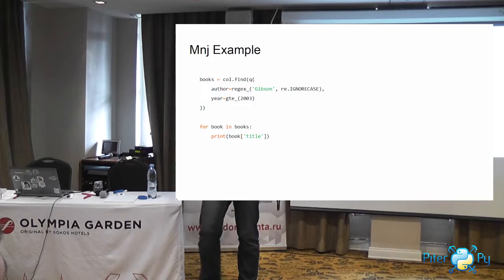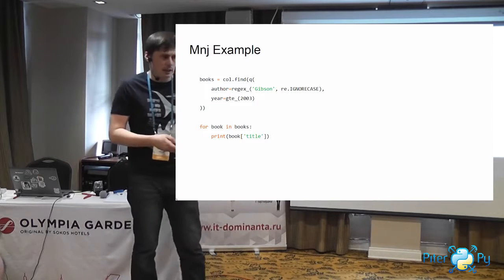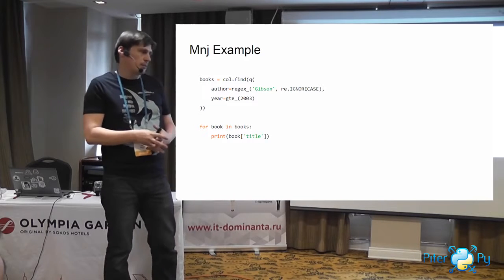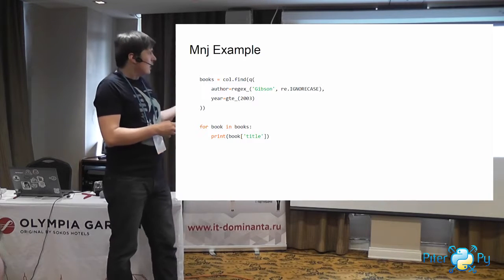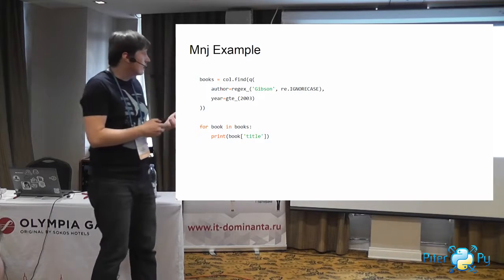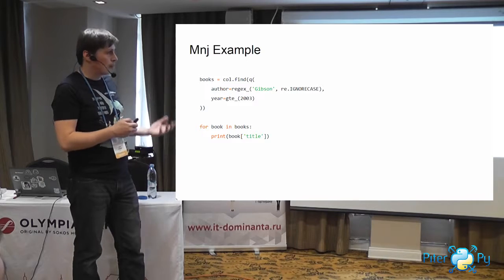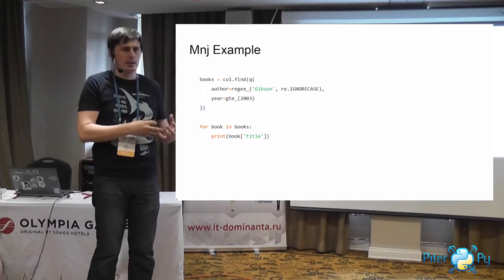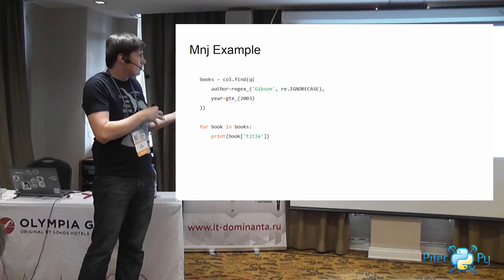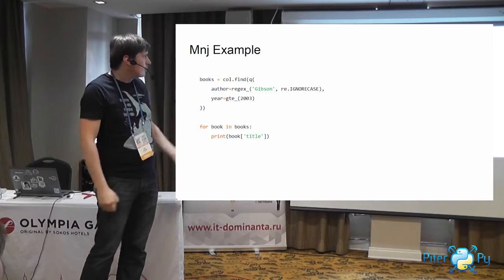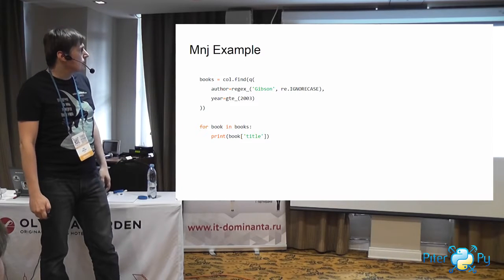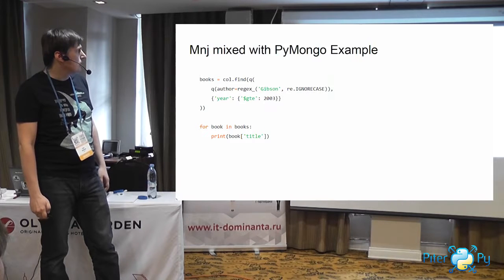And after that, we can do things similar to MongoEngine, but when it looks like PyMongo, it's structured like a MongoDB query, and we support some helper methods that define operators for MongoDB.